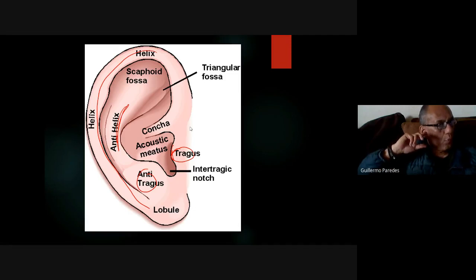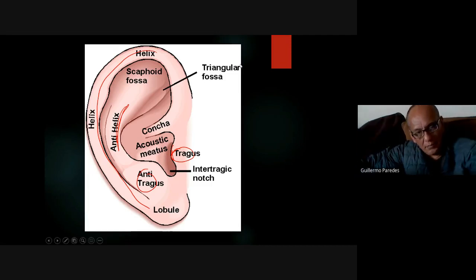You are going to pull or push the tragus, and that is going to create an excruciating pain in the ear. So don't push hard, push very softly, very kindly, very carefully. But if that produces pain, that's most likely a middle ear infection. You okay with that?